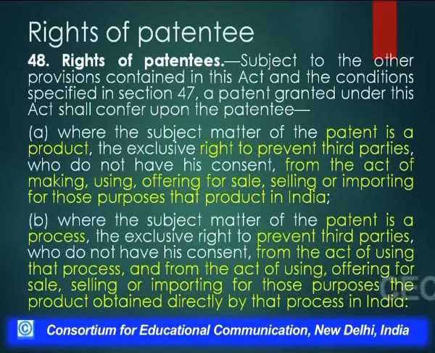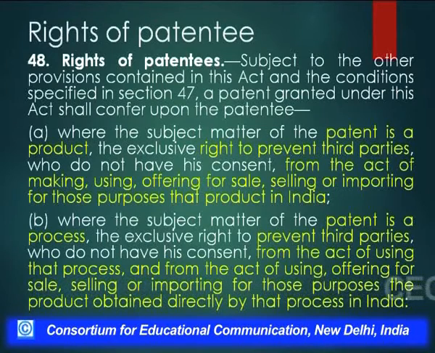Well, jumping to another right, I mean the right of the process patent holder. Well friends, this right of the process patent holder vis-a-vis the right of the product patent holder is a little different. I mean the right conferred after the obtainment of the patent is quite different in this case.